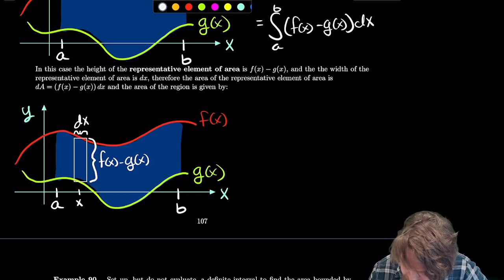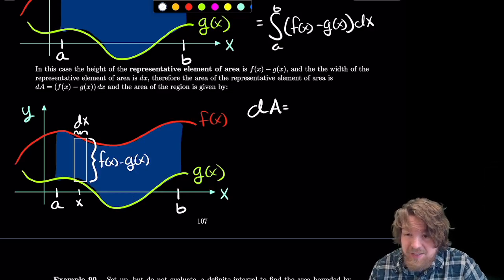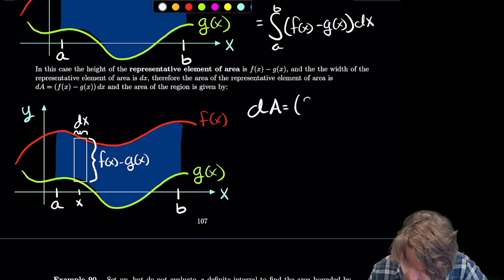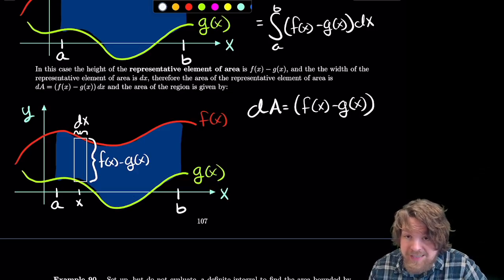So what we can write is that the area of our representative element of area, this dA, this infinitesimally small little piece of area, is going to be given by, well, the height is f of x minus g of x, and the width, we said, is dx.